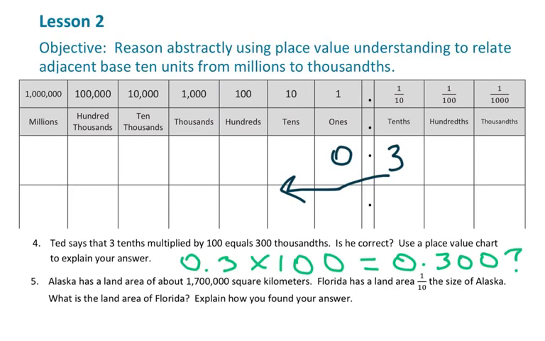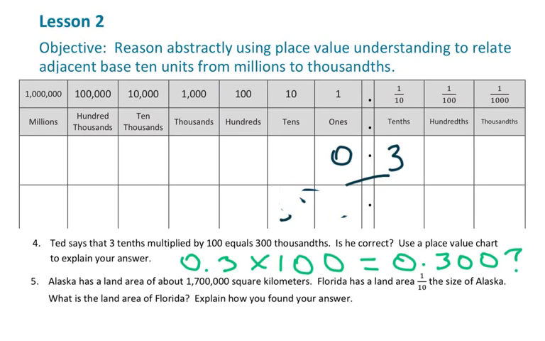My 3 goes here. And the answer, as you can see, is not 300 thousandths. It is, in fact, 30. So Ted is not correct when he says 3/10 multiplied by 100 equals 300 thousandths. 300 thousandths is actually equal to 3/10, his original problem.